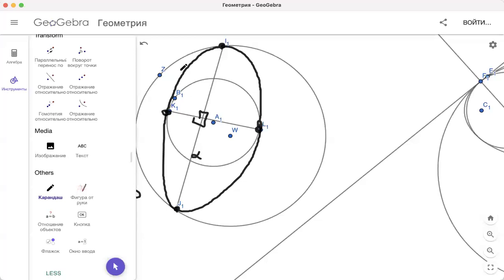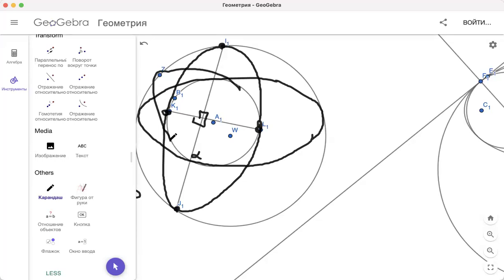And for this picture, it is not easy to see, but it is true that all these ellipses are similar.